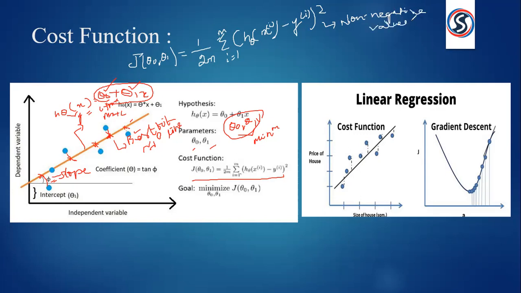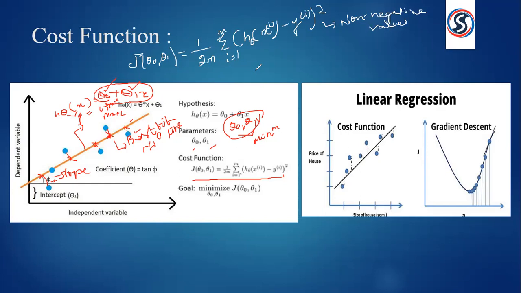Now, the second thing: why are we using this 1 by 2m? We are doing it for the derivative purpose.